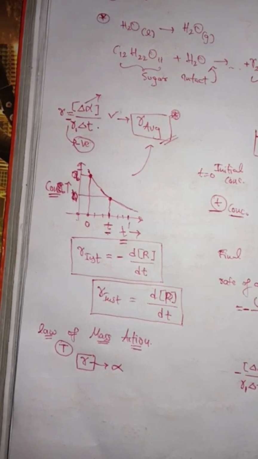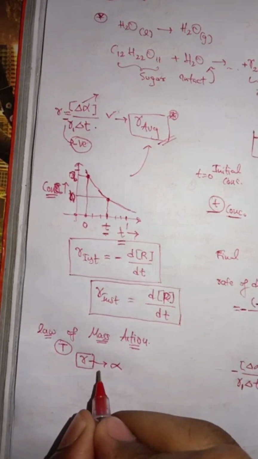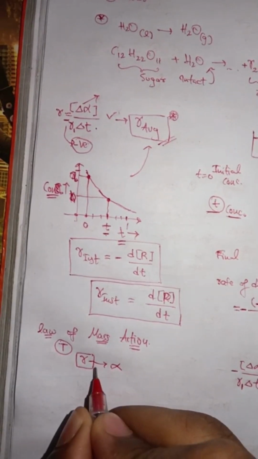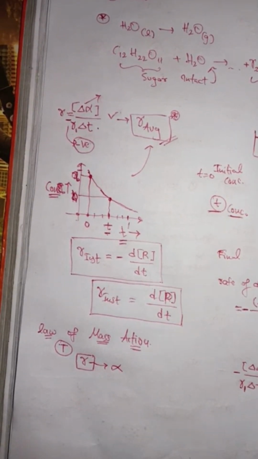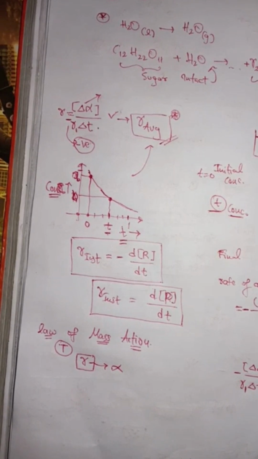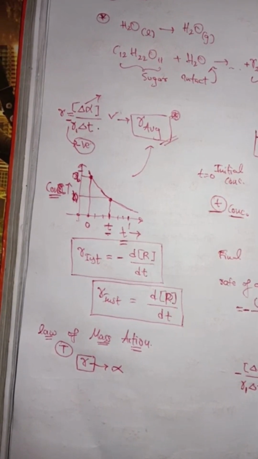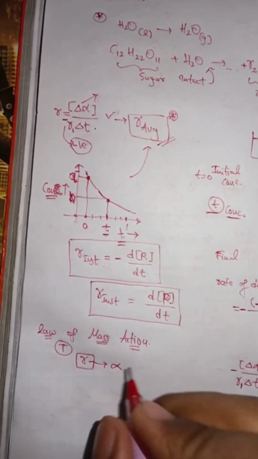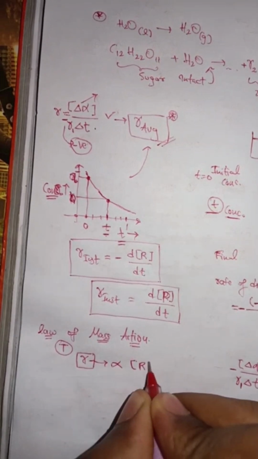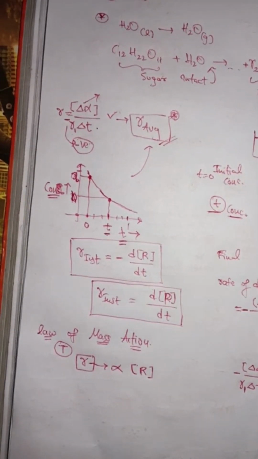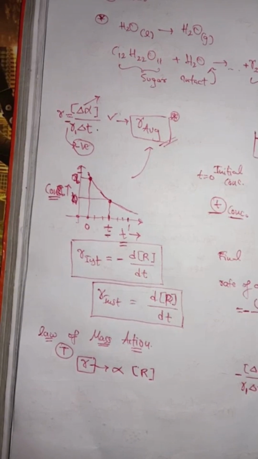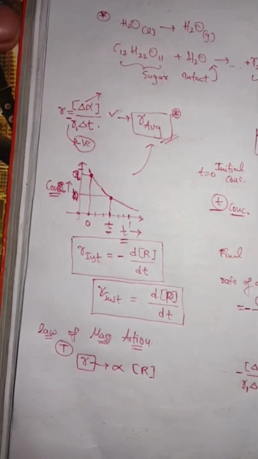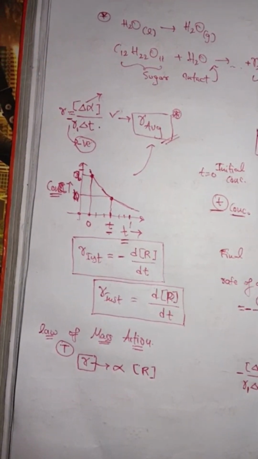Directly proportional means that if the rate increases, the thing it is directly proportional to increases, and if the rate decreases, that thing decreases. According to the law of mass action, that thing is the concentration of reactant.